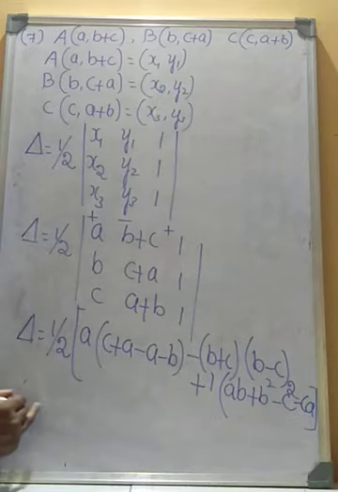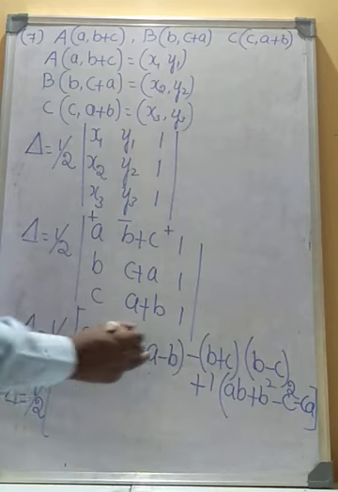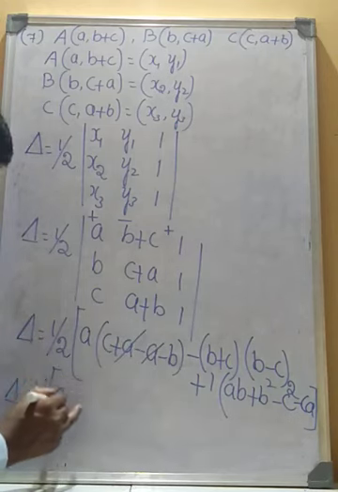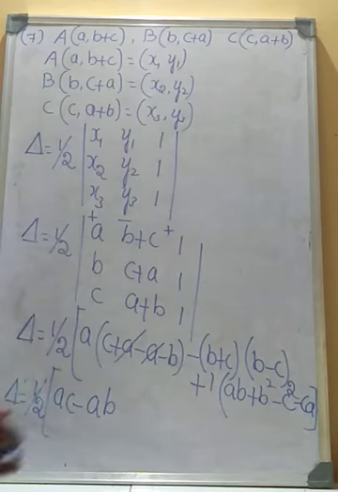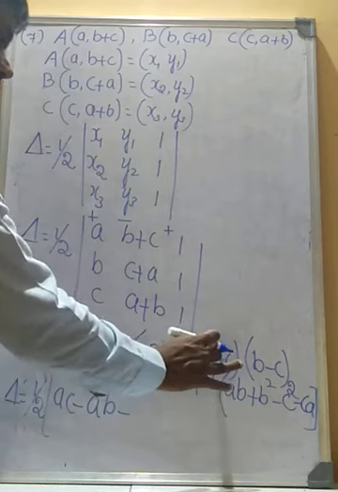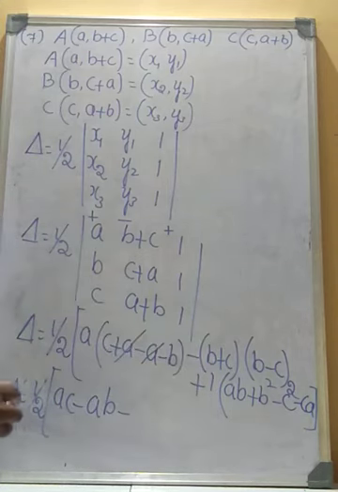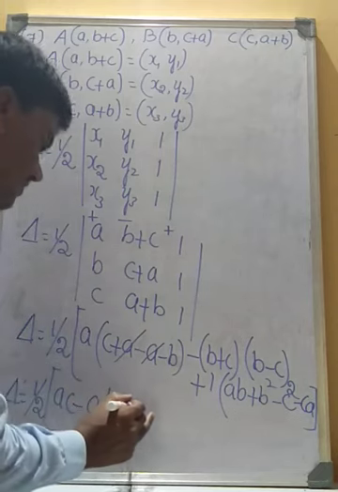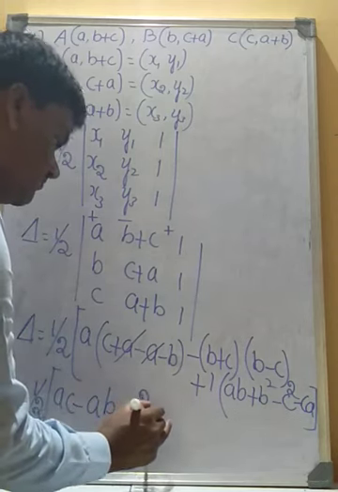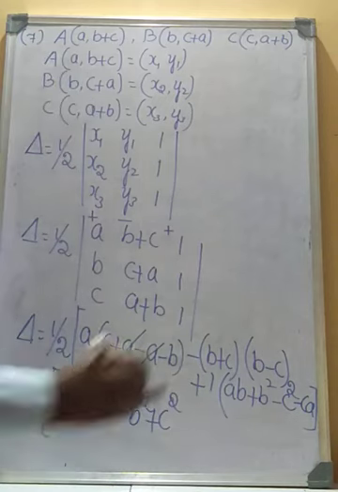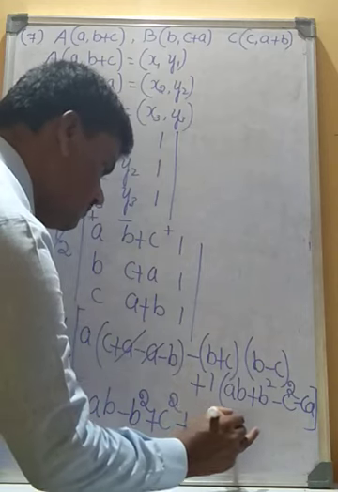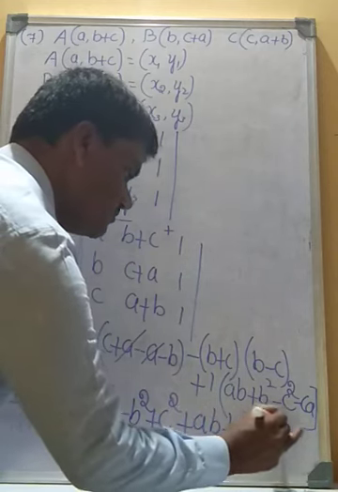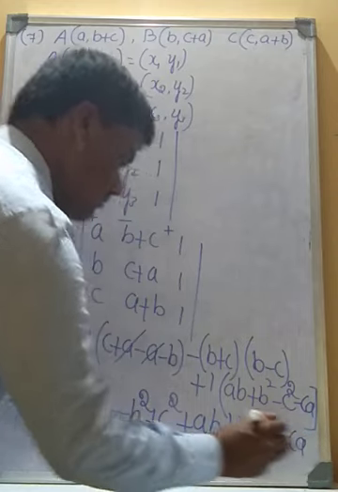So therefore delta is equal to half into: plus a square minus a square gets cancelled, then ac minus ab, minus, you know the formula (a plus b) into (a minus b) is a square minus b square, this can be written as b square minus c square, plus ab plus b square minus c square minus ca.